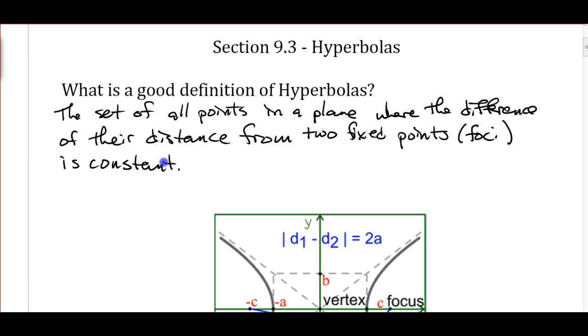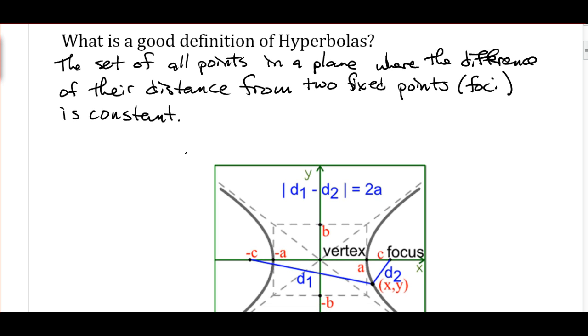So with an ellipse we had these two distances and we added them up and we always got the same value. For a hyperbola, we're going to subtract these two distances and always get the same value.